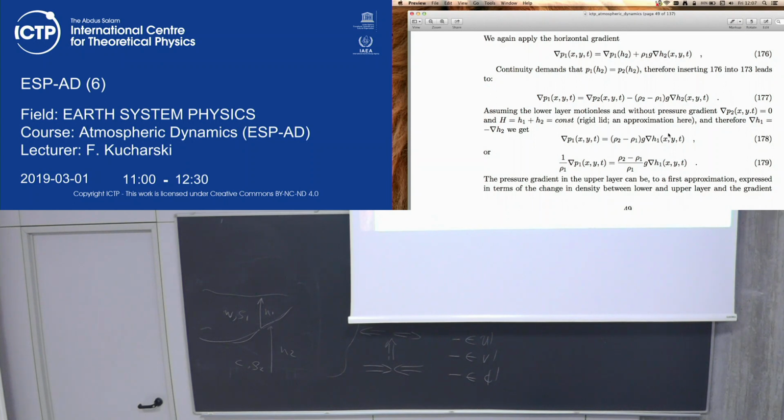Almost looks like our shallow water model, with the small difference that instead of just the density, we have here the difference of the density between the two layers, which is small.